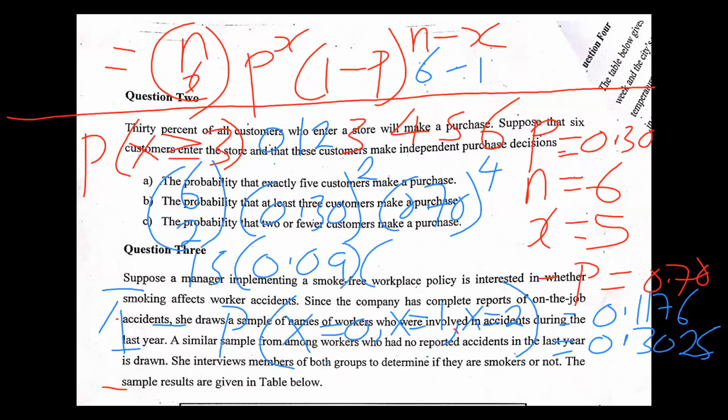Times what is 0.7 to the power 4? 0.2401.